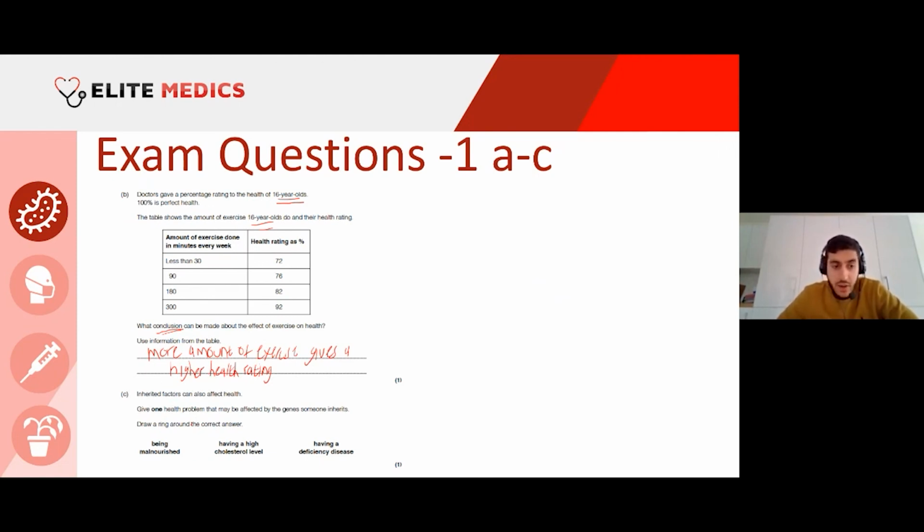Inherited factors can also affect health. Give one health problem that may be affected by the genes someone inherits. So which one of these do you reckon can also affect your health? Which one is going to be to do with genes out of all these?